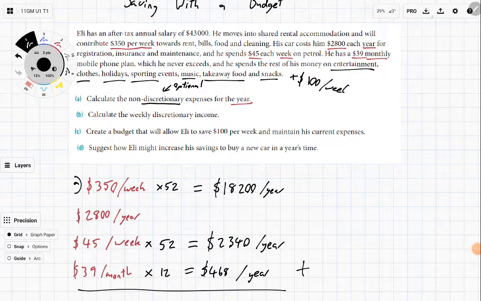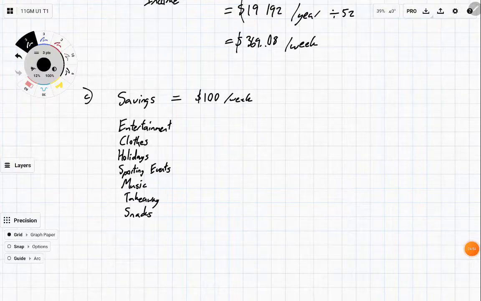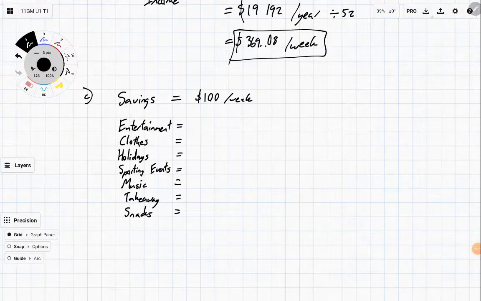So I'm going to make a list of all of these things and we're going to have a look. Alrighty. So what we need to do is we've got all of the different expenses that he wants to have, and work out what's an appropriate amount of money per week so that it does not go over this limit. So I'm going to do like a running tally where basically I'm going to subtract off and see how much money I've got left.